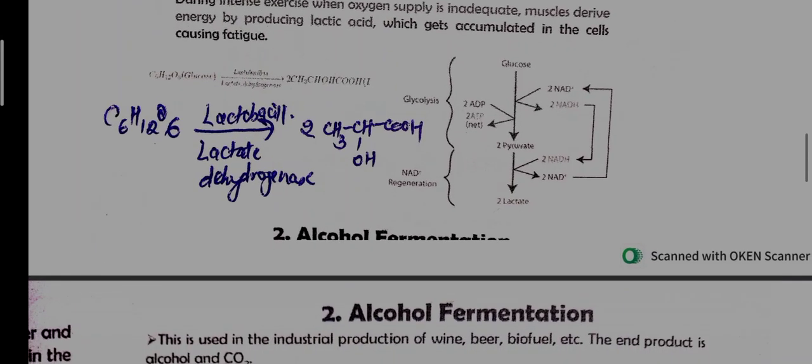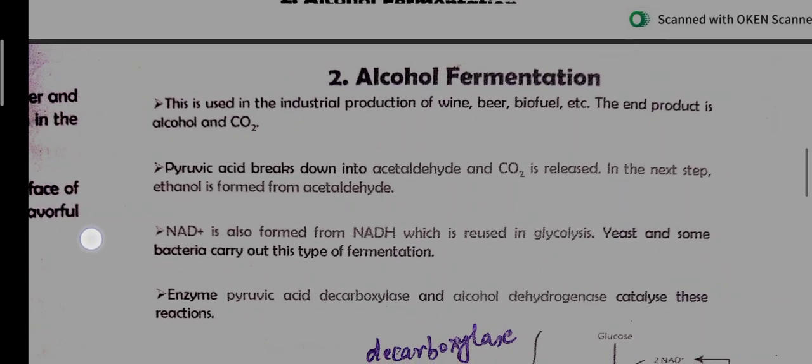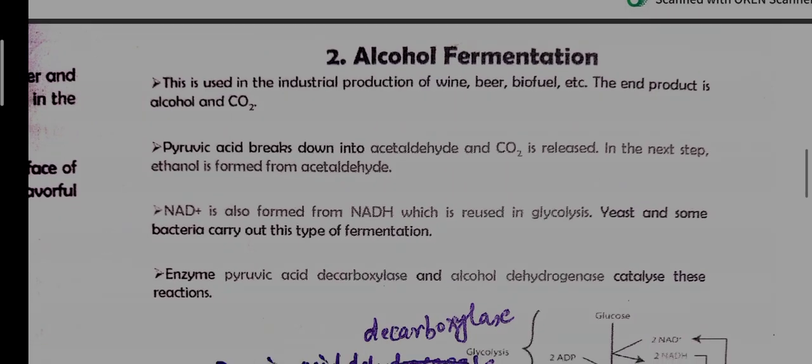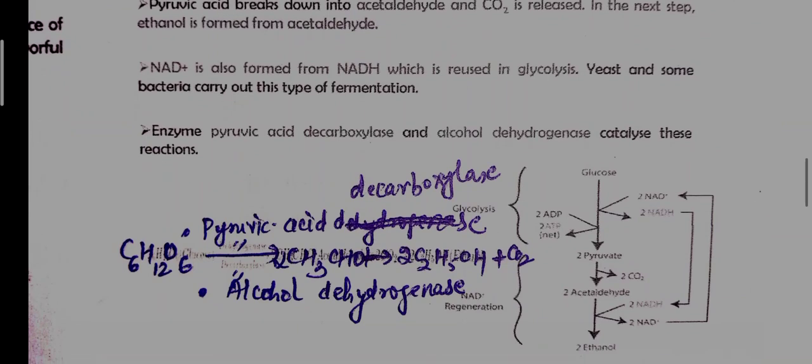Next type of fermentation is alcoholic fermentation. This is used in the industrial production of wine, beer, biofuel, etc. The end product is alcohol and CO2. Pyruvic acid breaks down into acetaldehyde and CO2 is released. In the next step, ethanol is formed from acetaldehyde. NAD+ is also formed from NADH, which is reused in glycolysis.